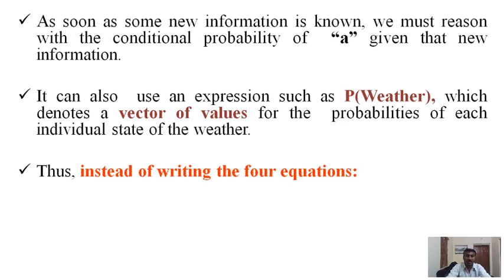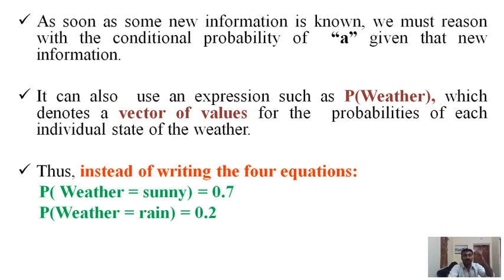Thus, instead of writing the four equations, sunny, rainy, like that, what are those four equations? Probability of weather equal to sunny, which has the degree of belief 0.7.